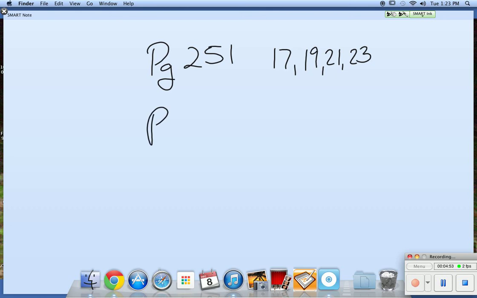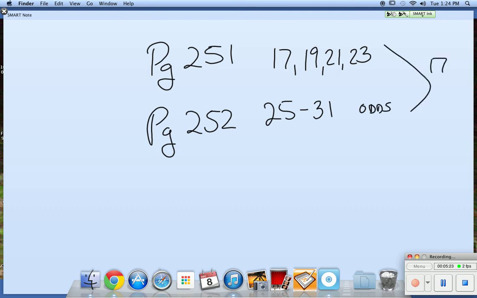Then on page 252, 25, 27. Let's do 25 through 31 odds. So what we're doing here is 17 through 31 odds.